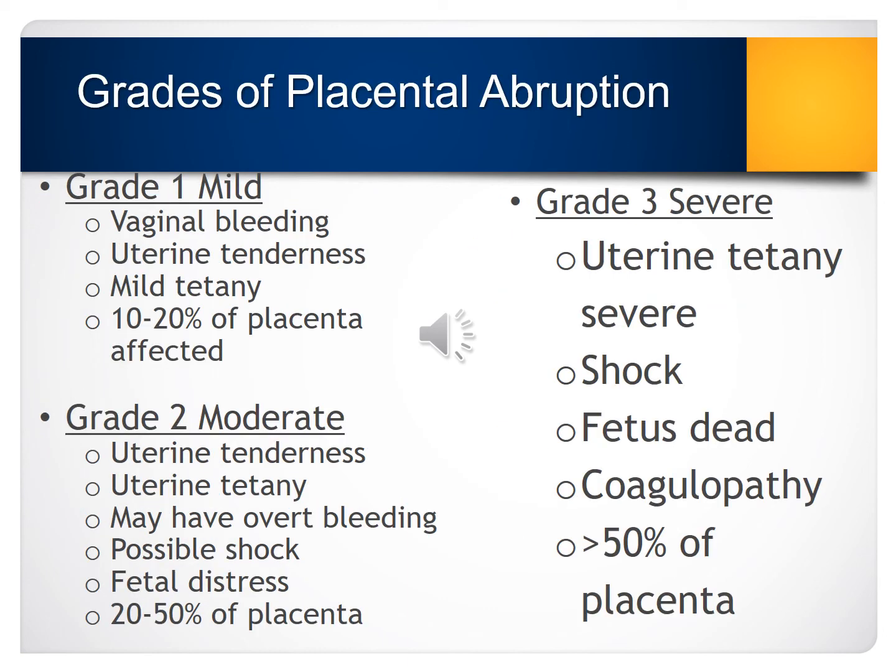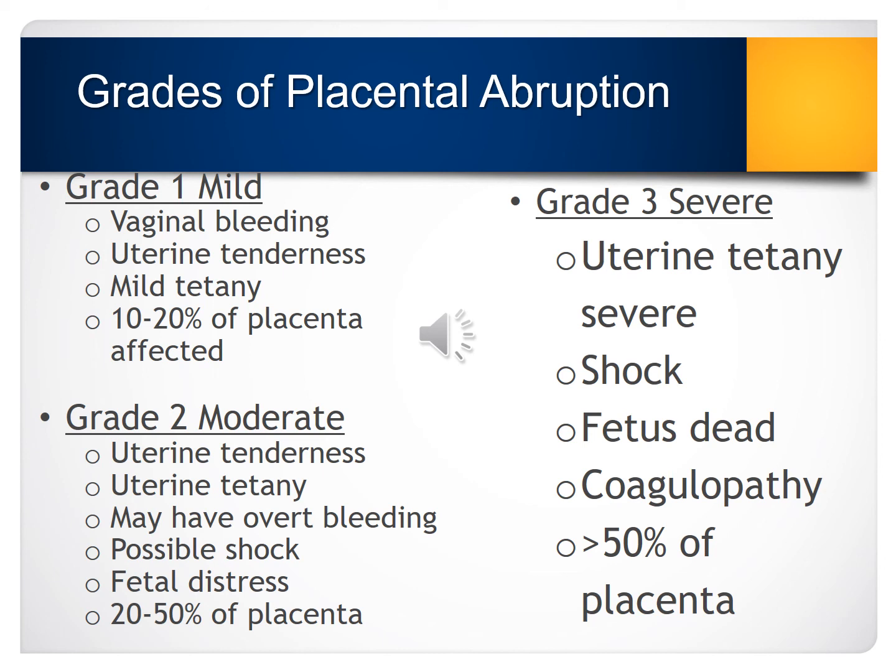Here I've listed the grades of placental abruption and the signs and symptoms you'd see. So the higher the grade, the more severe and the quicker delivery needs to happen. And where we're at a grade 3, most likely the fetus is dead because there's been complete detachment of the placenta, and the woman is in shock.